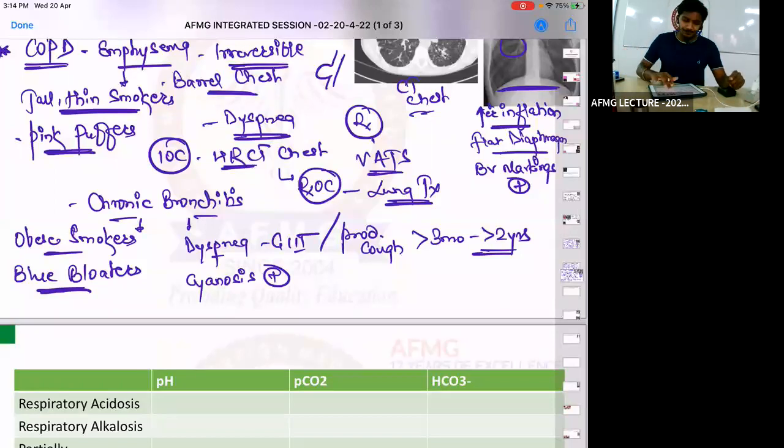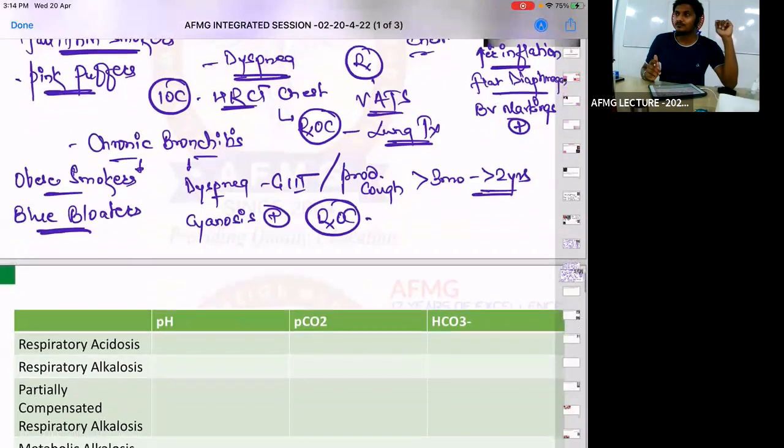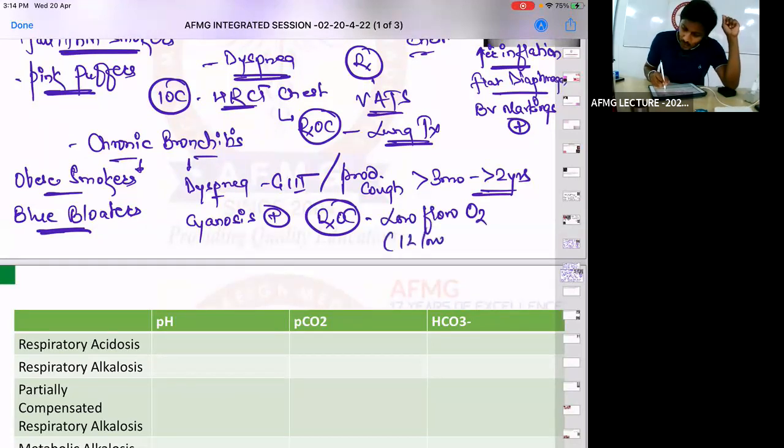No issues with this. In chronic bronchitis, what is the treatment of choice? Anybody? Antibiotics can be given definitely for prevention of any secondary bacterial infection. Okay, but the treatment of choice would be low flow oxygen, and it is given at 1 liter per minute.